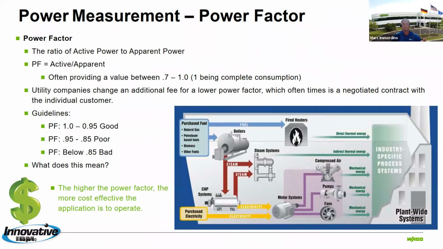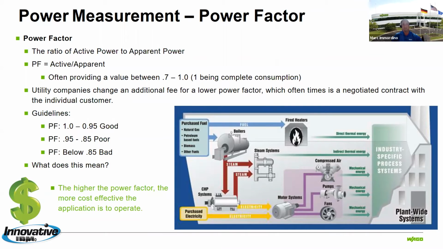So the significance of this is that the utility companies supply customers with volt amperes, which is your apparent power, but then they bill them for the active power, watts. Okay, so when you look at this, if your power factor falls below that 100% requirement, a utility company has to generate more than the minimum volt amperes necessary to supply the active power to the system.